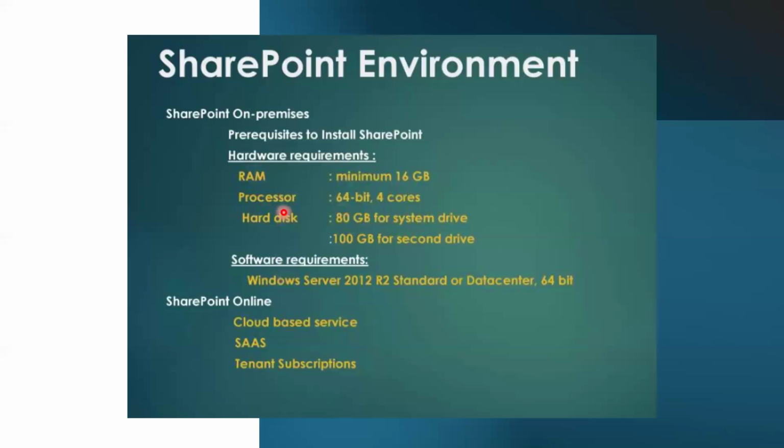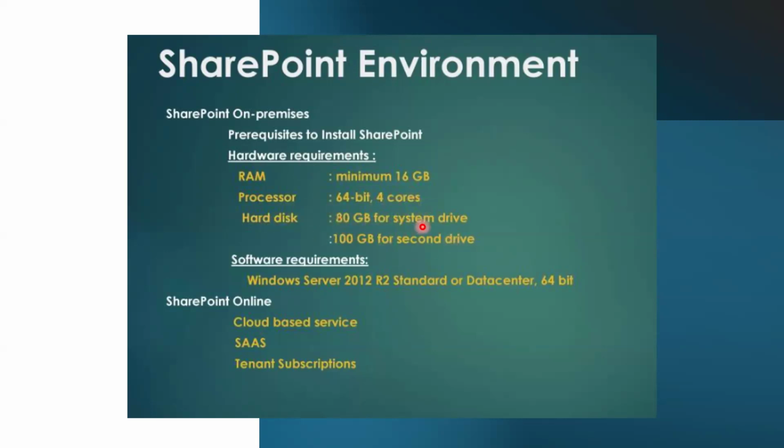Coming to the hardware requirement, the RAM size should be a minimum of 16 GB, but 32 GB or 64 GB for better performance. The processor is 64-bit with 4 cores, but we recommend 8 cores. And the hard disk is two drives.